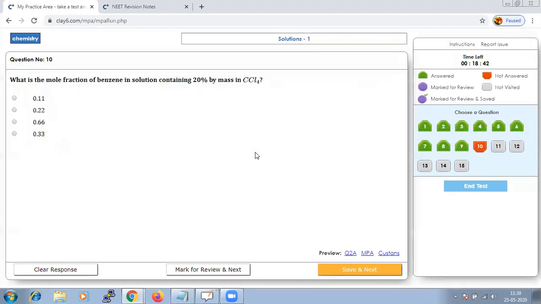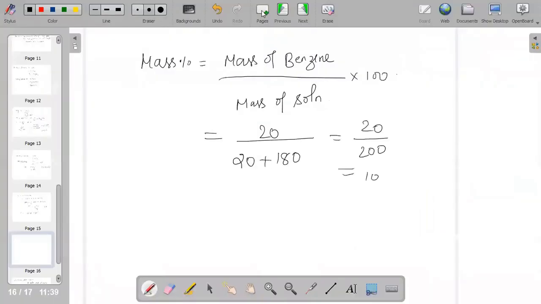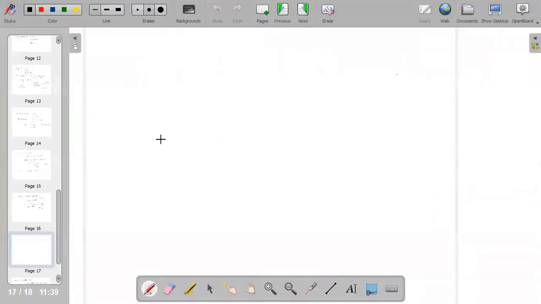What is the mole fraction of benzene in a solution containing 20% mass in CCl4? Here, the only difference is we need to calculate the mole fraction of a component, and which component? It is our benzene. As usual, mole fraction is nothing but the number of moles of the component divided by the total number of moles of all components.